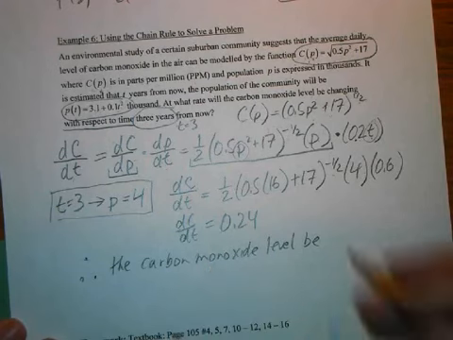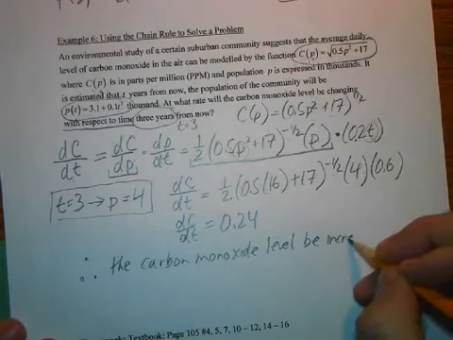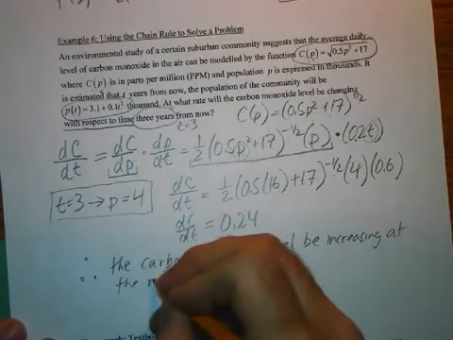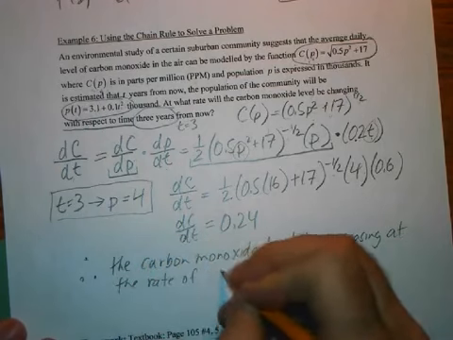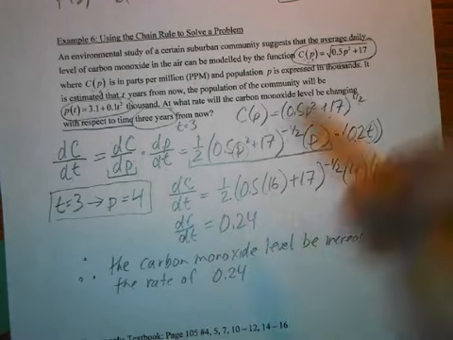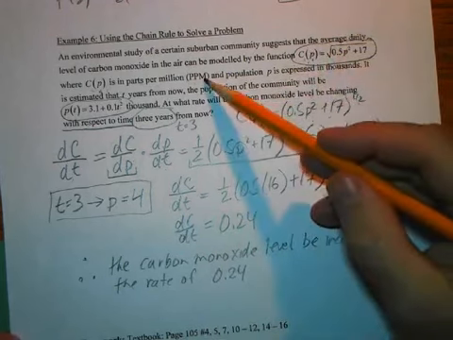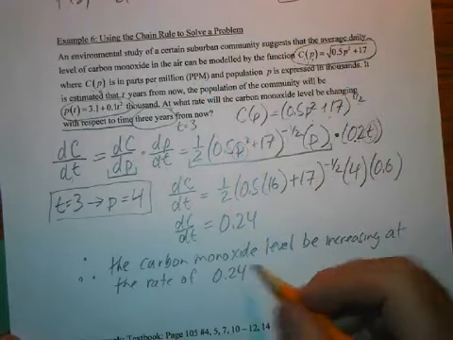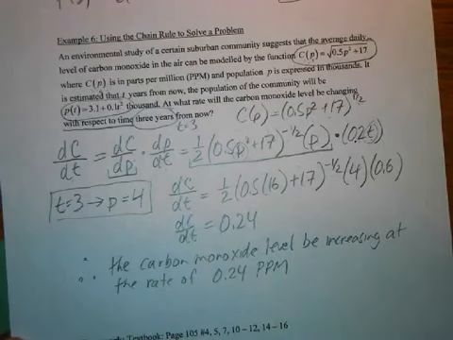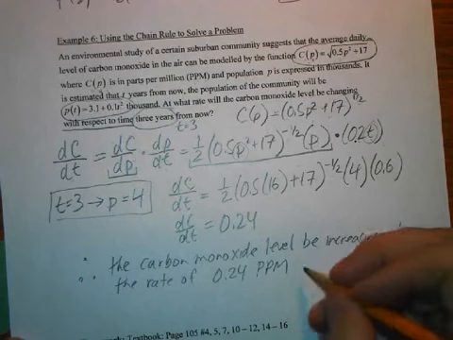It will be increasing at the rate of 0.24. Now I need the units from this. Remember the units for the carbon monoxide are parts per million, so ppm, we can just keep that the same. And when does this happen? 3 years from now. So in 3 years from now.